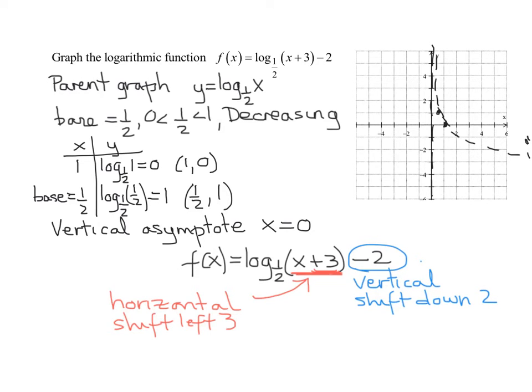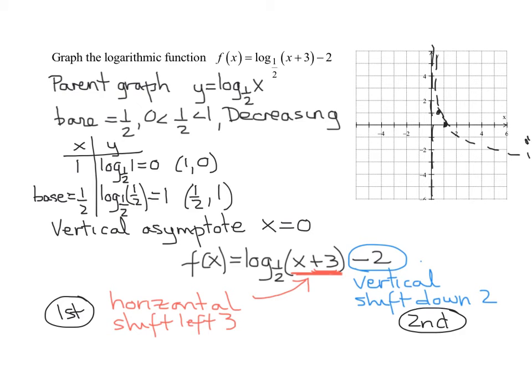We always do the horizontal shifts first, and we do the vertical shifts last. Now, if this was a transformation involving reflections and stretches and shrinkages, I would do it in 2 steps. But if this is just 2 shifts, that's very easy to do in 1 step. So I'm going to move everything left 3 and then down 2 all in 1 step.